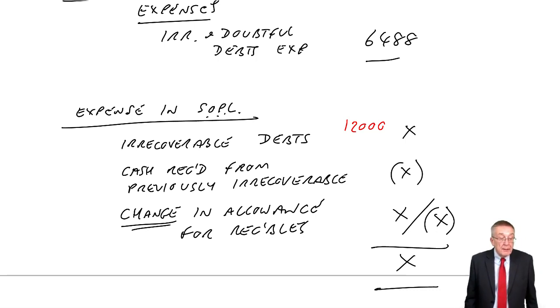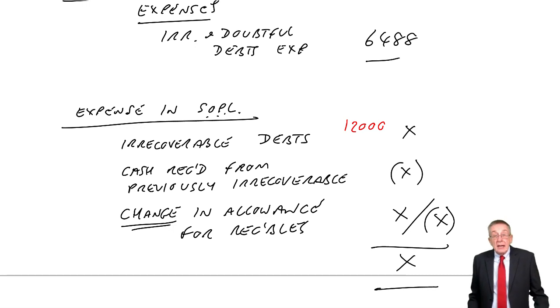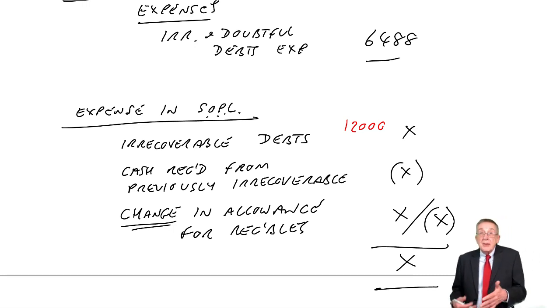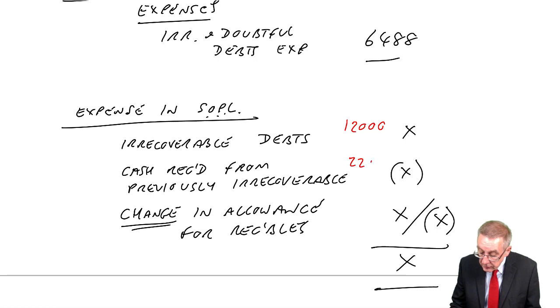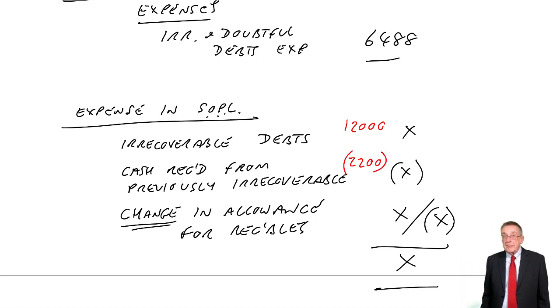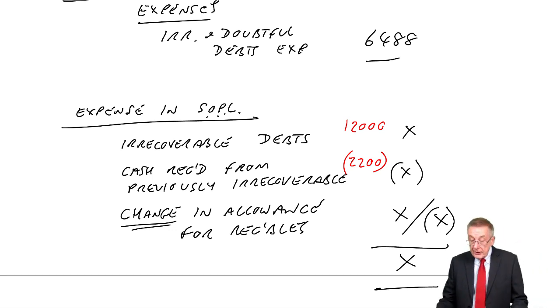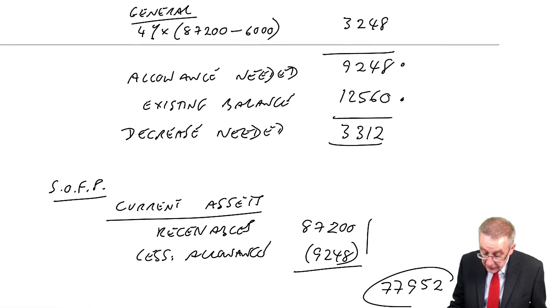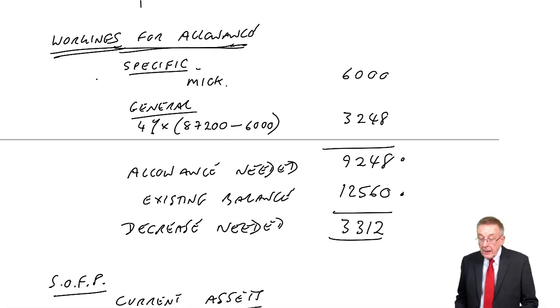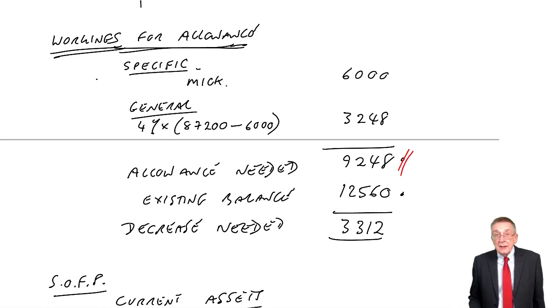That was Paul. Paul, note A, he was irrecoverable, we'd removed him, and he then paid us 2,200. So that's a saving, a negative expense. And finally, the change in the allowance, so you'll still need to do workings for this, but we need an allowance of 9,248.